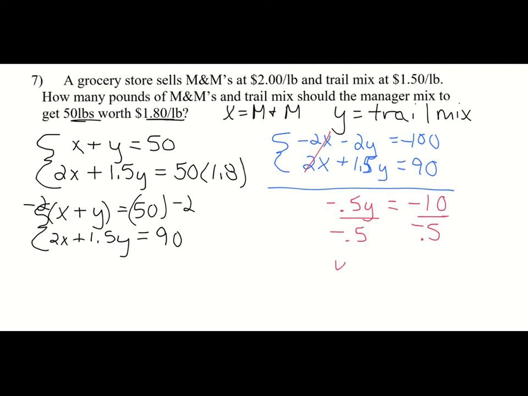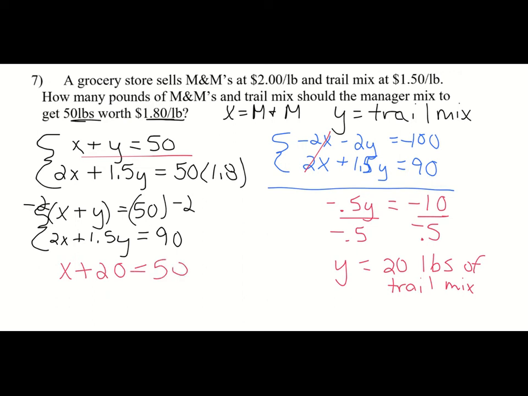And we get Y is equal to -10 divided by -0.5, which gives me +20. So 20 pounds of trail mix is needed. And then we've got to find X. So if we go back to this equation, make it easy, X plus 20 equals 50.